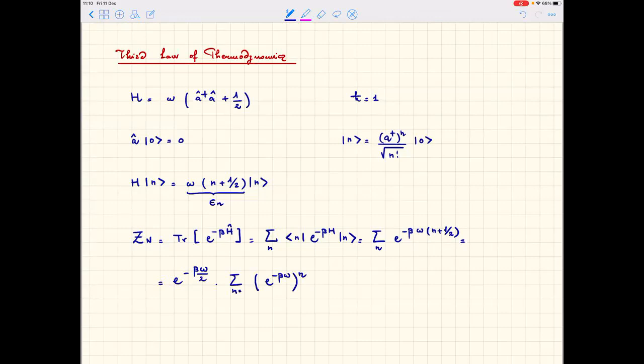And this sum runs from 0 all the way to plus infinity. Now, this is equal to what? What is this sum that you see here?